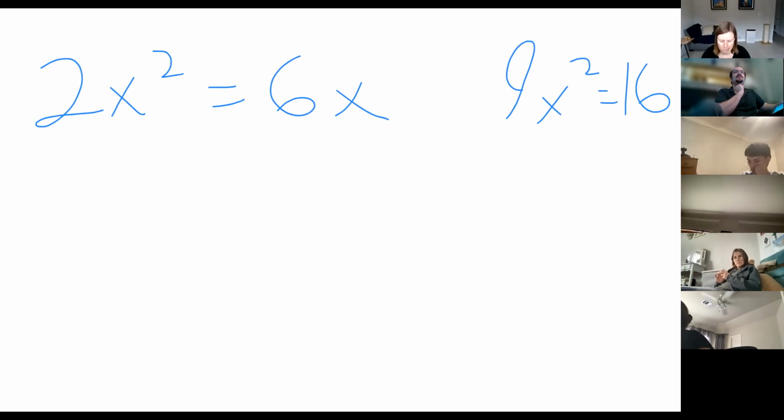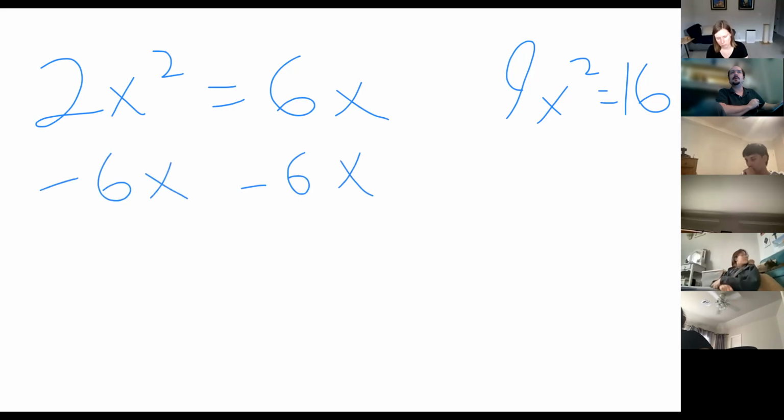So what is the first thing you have to do to these if we want to solve them? For the 2x squared equals 6x, you have to move 6x to the other side, right? We've got to set one side equal to 0. So we want to move that 6x to the other side. Which number, teacher? Is it D or is it B?